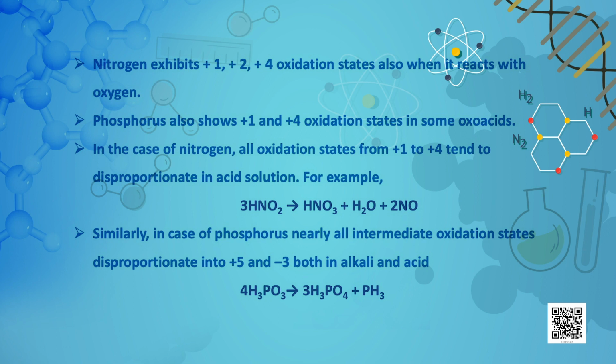For example, nitrous acid on heating disproportionates into nitric acid and nitrogen monoxide. Similarly, in the case of phosphorus, nearly all intermediate oxidation states disproportionate into +5 and -3 both in alkali and acid.